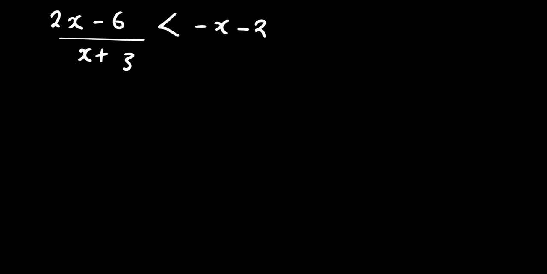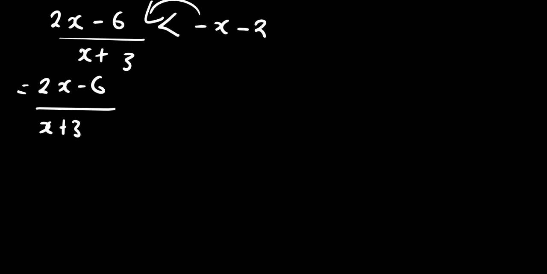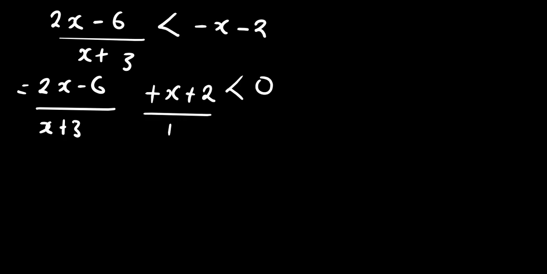Like earlier, the way we've been solving, you're going to have (2x minus 6) over (x plus 3). When this crosses to the other side, they change the signs, right? So what are we going to have? You have a positive x, positive 2. Let's just put it over 1 for the sake of good solving.